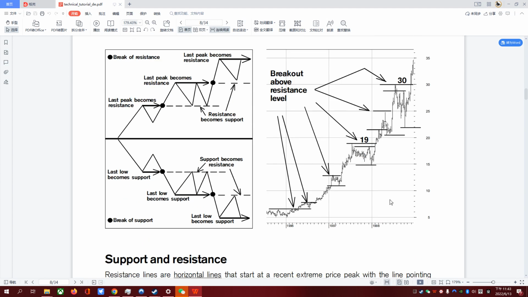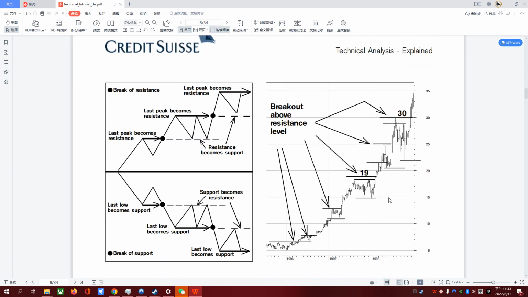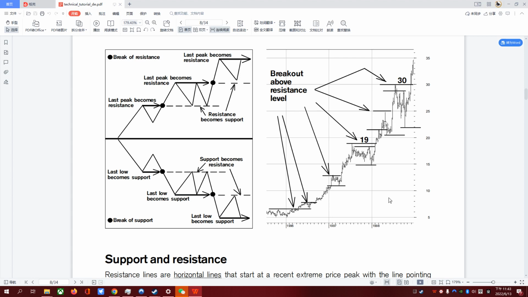And here we'll move on to the last concept of this first introduction to technical analysis. It's very important for you to learn the first concept, which is resistance, and the second concept, which is support. As a good trader, you learn how to draw these two different lines.